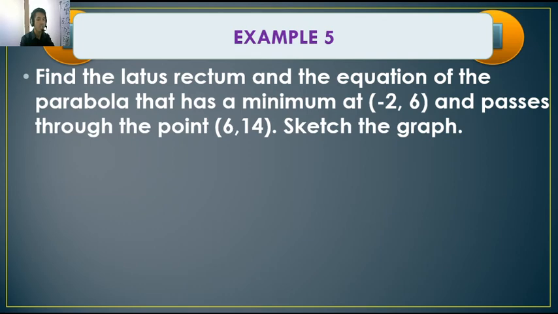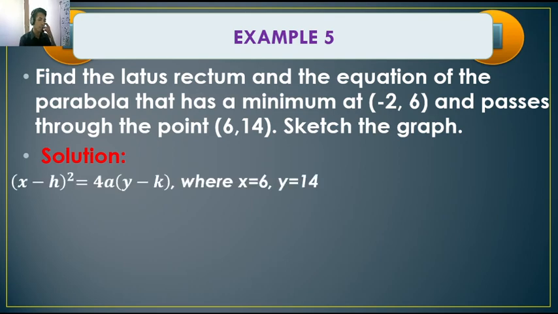We need to sketch the graph. So our solution now will be (x minus h) squared is equal to 4a times (y minus k). So we're going to use this formula of the standard equation of a parabola where x is equal to 6 and y is equal to 14.